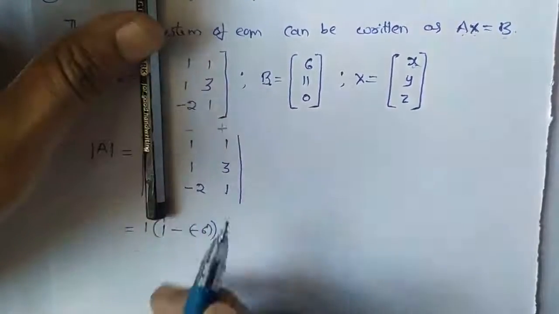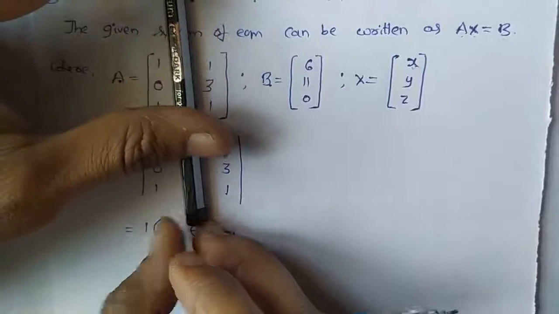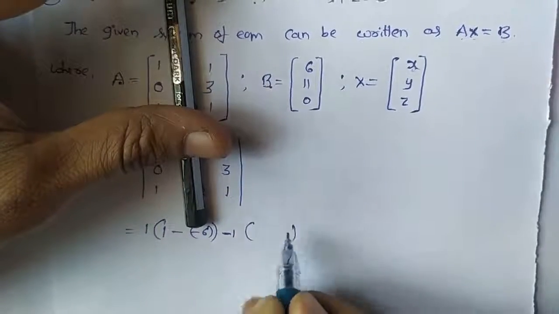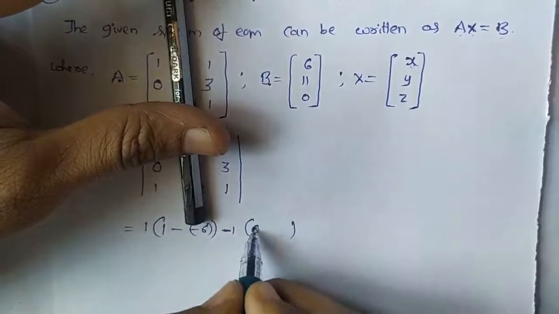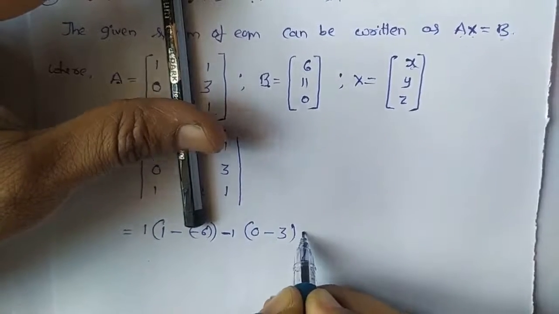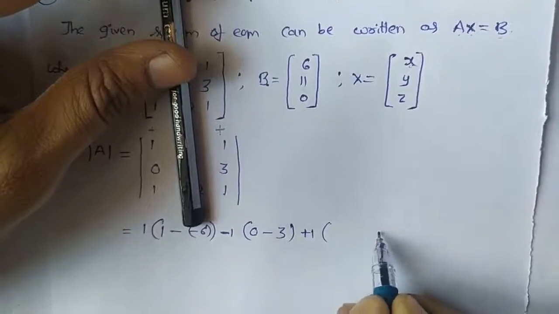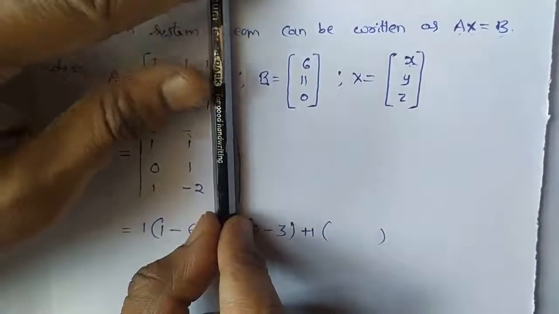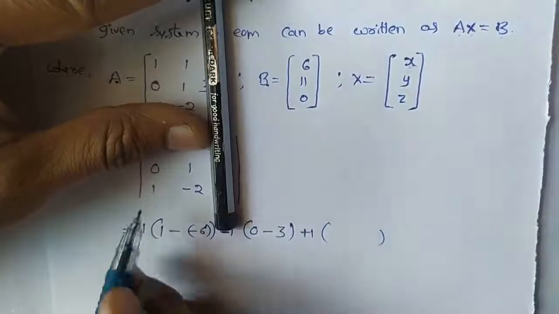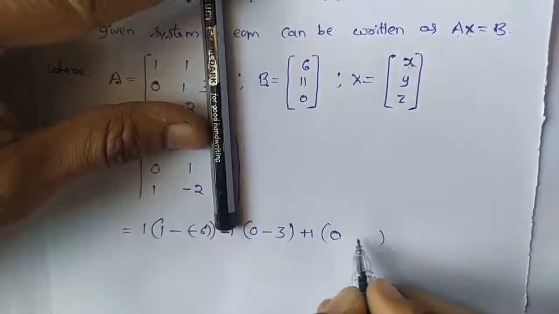Next, minus 1 into, delete the corresponding row and column, 0 into 1 is 0, minus 3 into 1 is 3. Next, plus 1 into, delete the corresponding row and column, 0 into −2 is 0, minus 1 into 1 is 1.